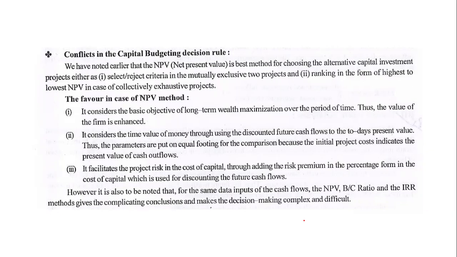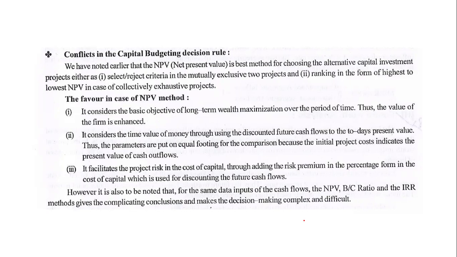When we discuss net present value, which is the best method for alternative capital investment, it generally gives two main benefits or advantages. The first one is that it gives the criteria for selecting or rejecting the project.